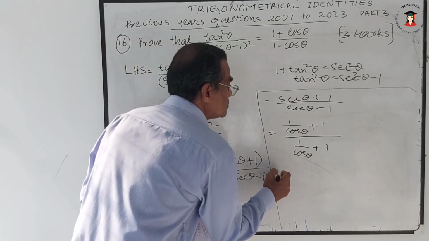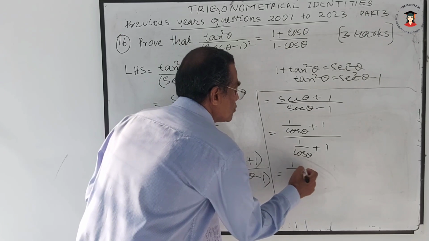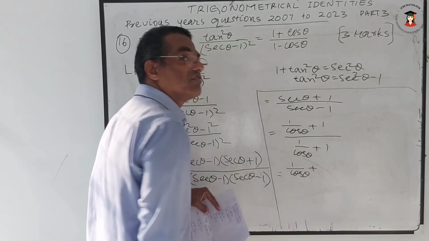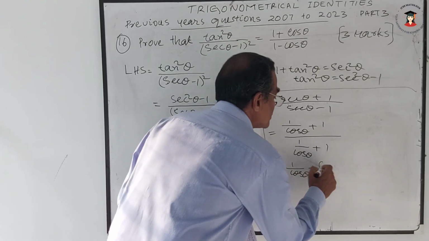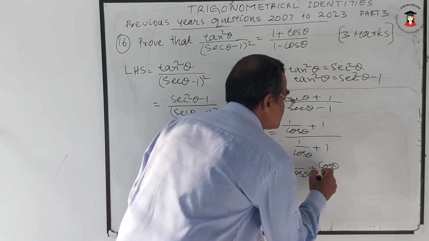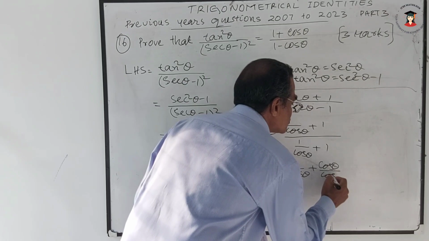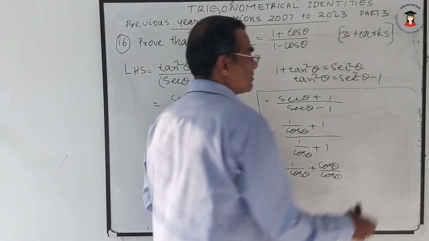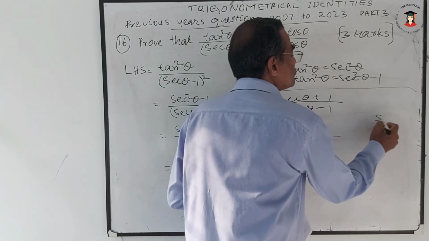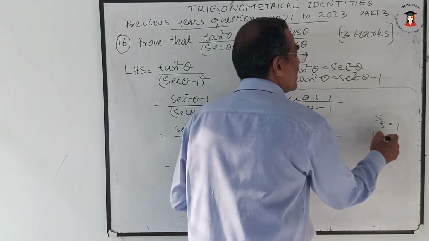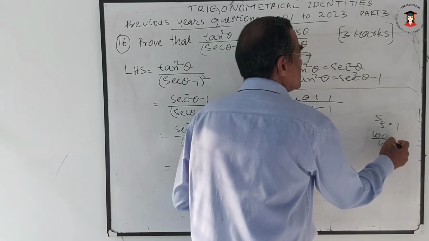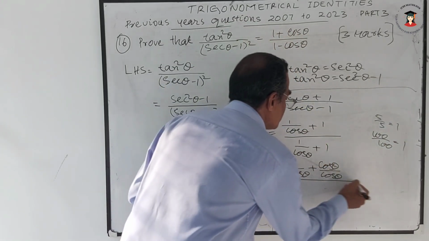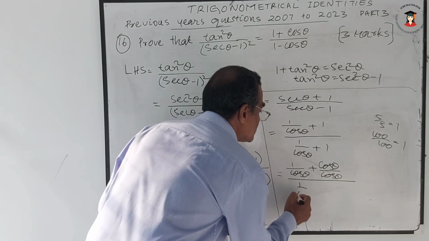So this is equal to 1 by cos theta plus, instead of 1 I am writing cos theta by cos theta. Anything divided by the same, we will get 1. 5 divided by 5 is 1. 100 divided by 100 is 1. Similarly, cos theta by cos theta is 1.